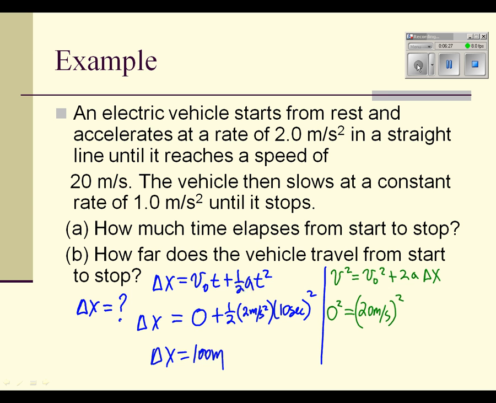That's squared. Our acceleration in this case is a negative 1 meter per second squared. We want to solve for delta x. So if we go ahead and solve for delta x, we end up with 200 meters. Again, we have to add those together, get our final answer of 300 meters.